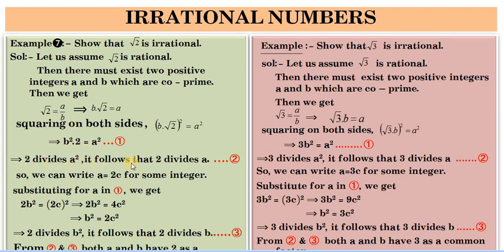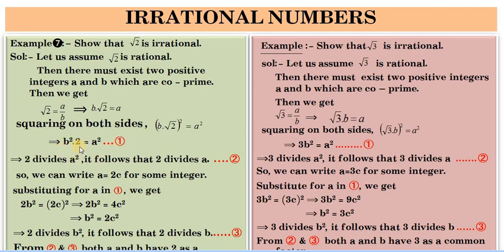So that is the statement that we have written here. So we can write this value a as 2 into c for some integer c. Now in place of a you substitute 2c in step 1.